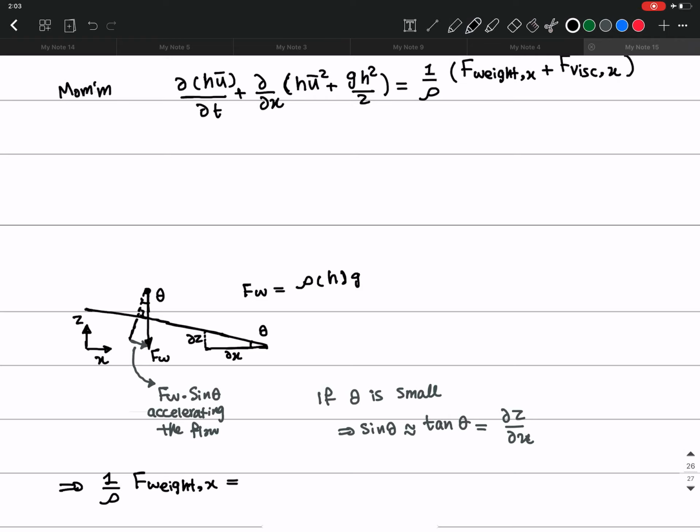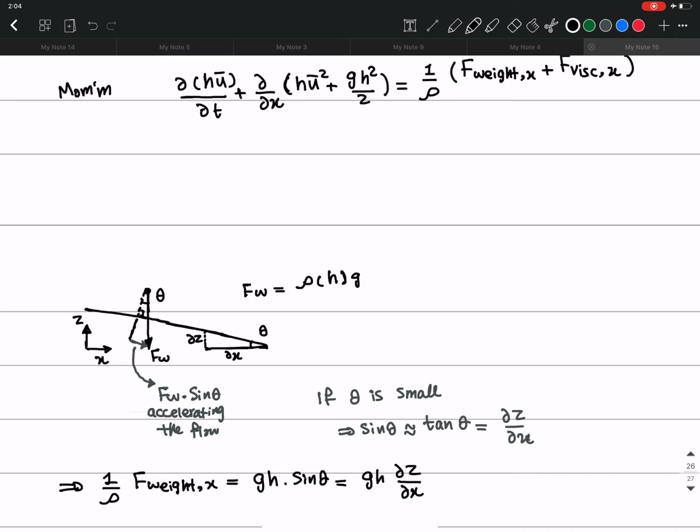So we only have rho Hg. So 1 over rho F weight of x is going to be GH times sine of theta. So sine of theta is just partial z over partial x, right? So let me write it this way again. It's going to be GH times sine of theta, which equals about tangent of theta. So I can write it as GH partial z over partial x.